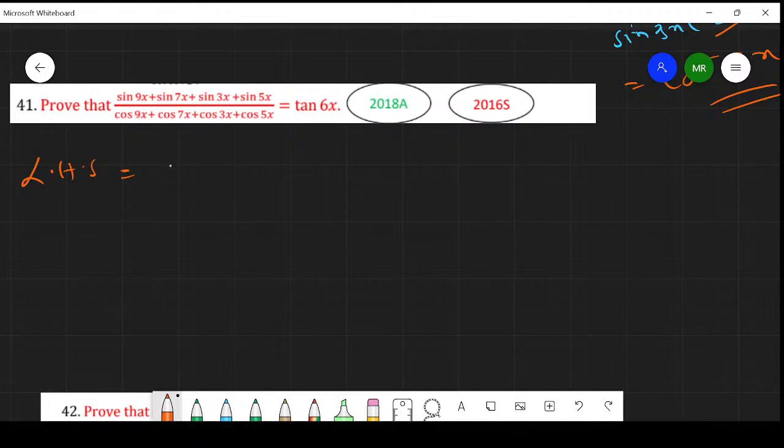Again sin c plus sin d is 2 sin (c plus d) by 2, so I can write 2 sin (9x plus 7x) by 2 cos (9x minus 7x) by 2.